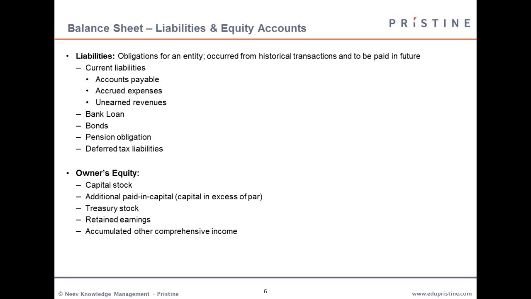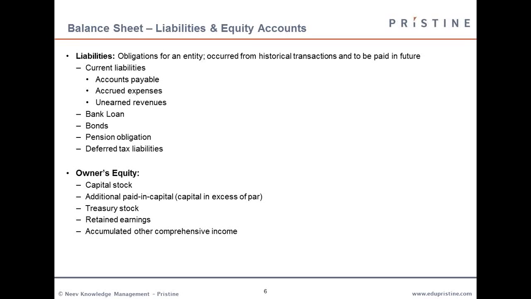Again, the long-term liabilities are bank loans, deferred tax liabilities, and pension obligations which have more than 1 year of life. So they come under non-current liabilities or long-term liabilities.